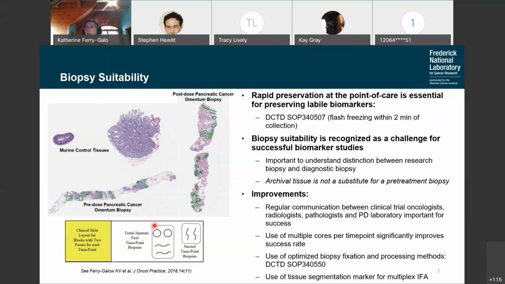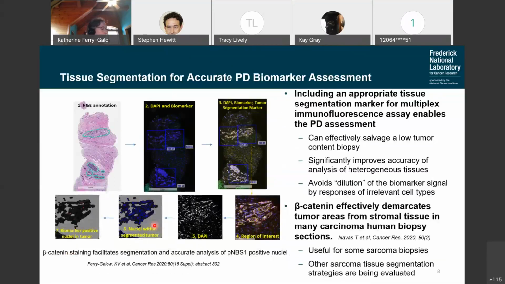If you're seeing a lot of failures, getting that information back to the oncologist and the radiologist quite quickly. Use of additional cores per time point, improvements in biopsy fixation and processing, and other factors such as use of tissue segmentation that I'm going to touch on a little bit further now.